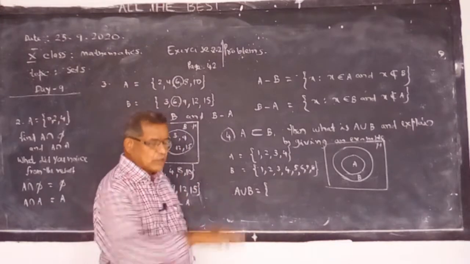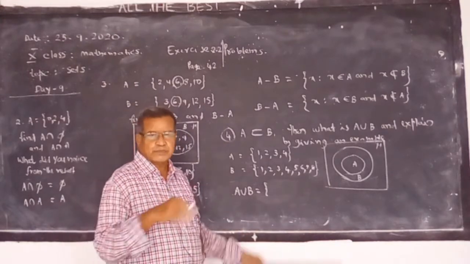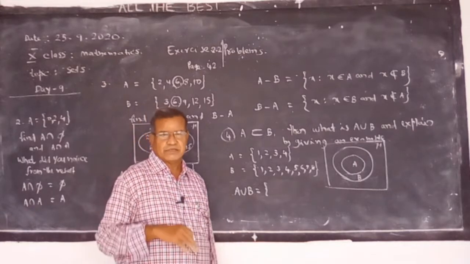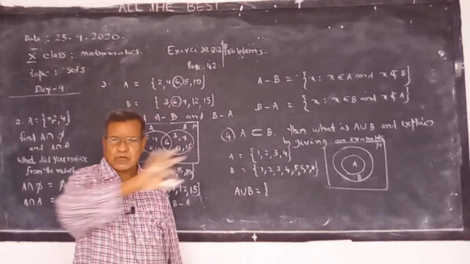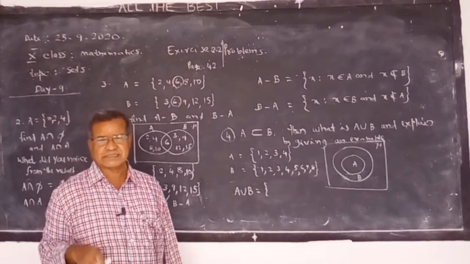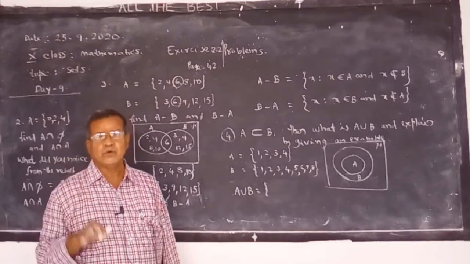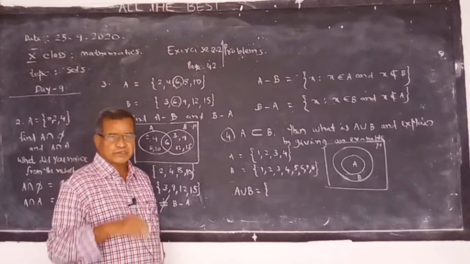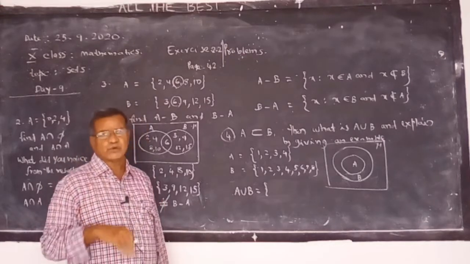Union means we have to combine all the elements, so it becomes Telangana state. In intersection, only common elements. Simply we get Nalgonda people only.